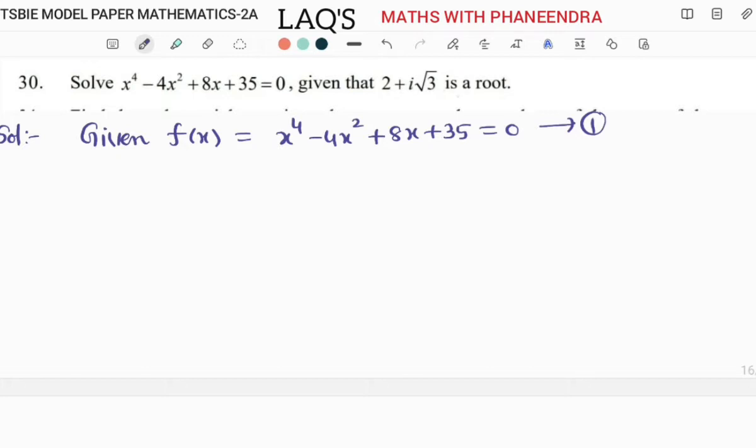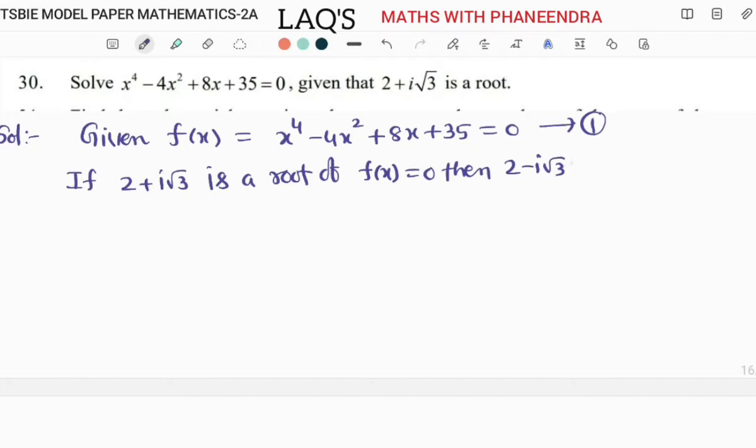Given that 2 plus i root 3 is a root of f of x equal to 0, then 2 minus i root 3 is also a root of f of x equal to 0.